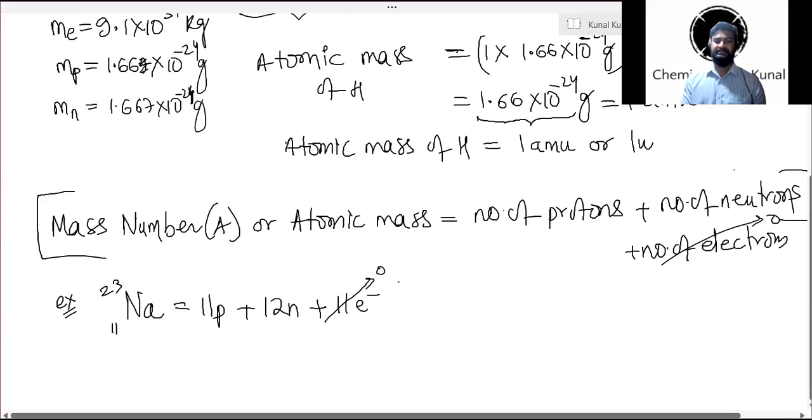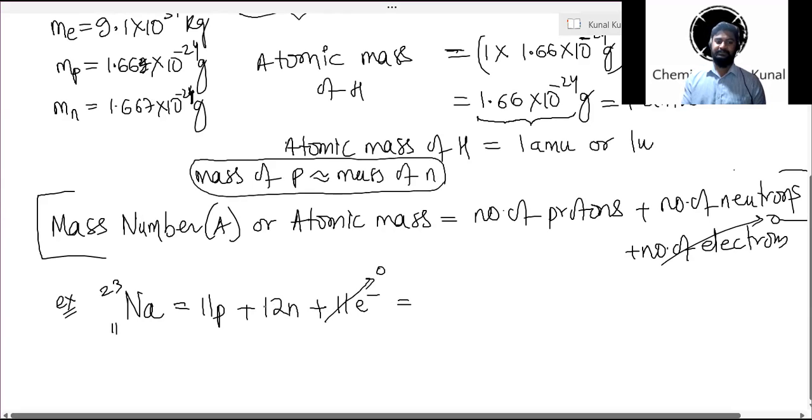No, not at all. It's zero. Sometime back I told you that the mass of a proton is almost the same as the mass of a neutron. So this is the liberty we can use. We can consider them to be the same. So P is equal to N. That means 11 plus 12 will be 23. That's why we get the mass as 23 P or 23 N, whatever.